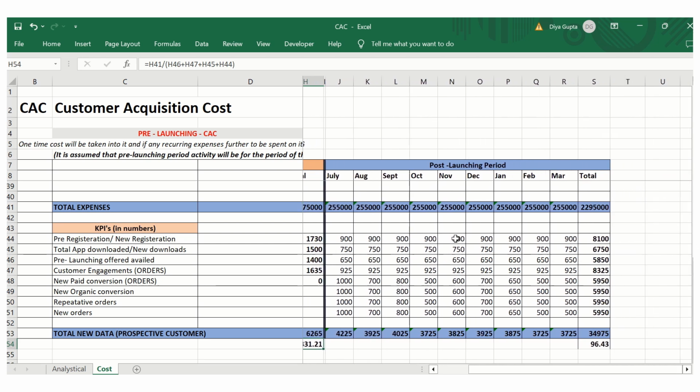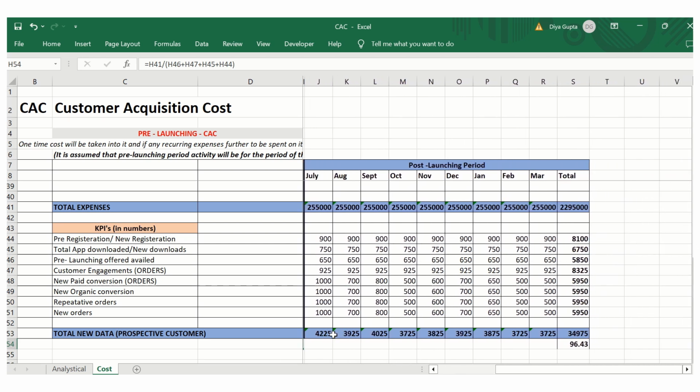But in the post-launching period, you need to check on a monthly basis, fortnightly basis, or whatever interval you want. I calculated after 1 year, and my CAC per order is coming to 96. In that case, I took only the number of new orders from the app, divided by the cost I spent on CAC over the whole year.